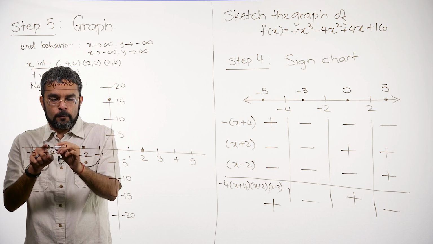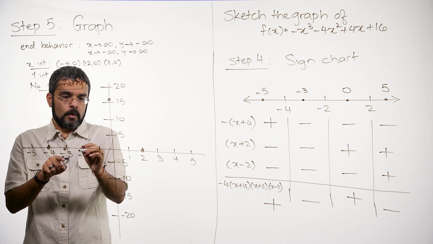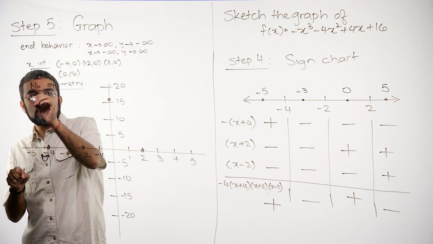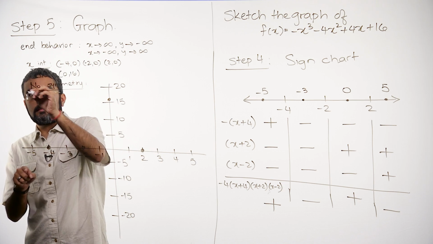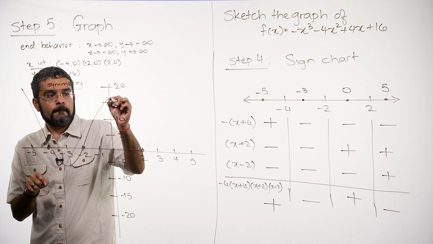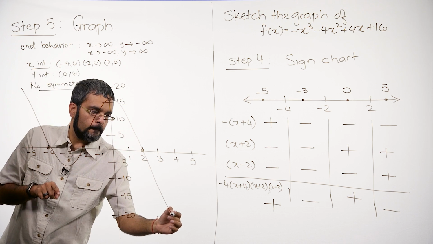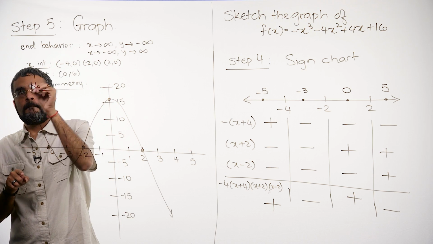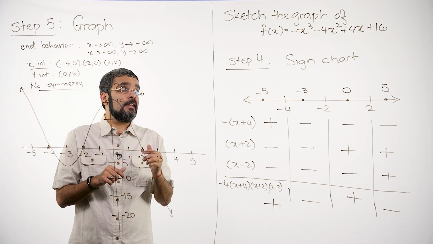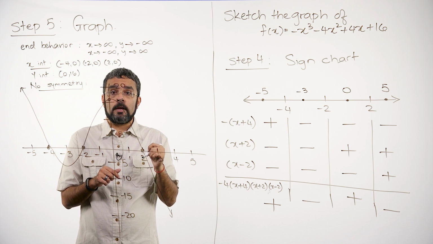Once I cross -4, it's going to be below the x-axis. Once I cross -2, it'll be above the x-axis, so on and so forth. So my function is going to look something like that. Okay, and that would be the graph of my polynomial function, negative x cubed minus 4x squared plus 4x plus 16.